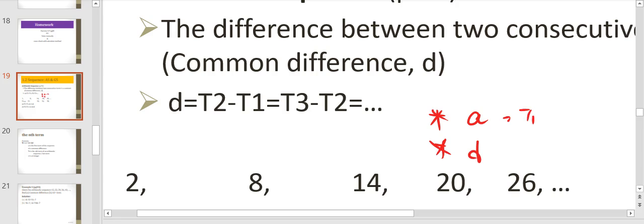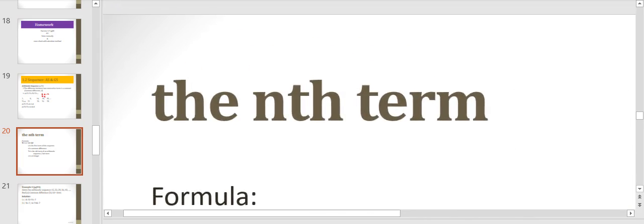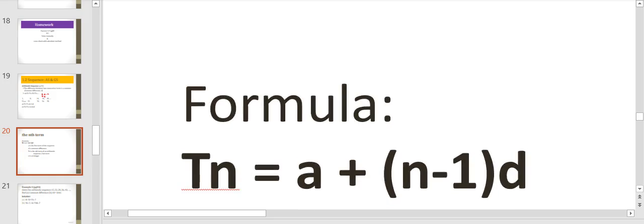So let's look into the formula. How do you find the nth term in your arithmetic sequence? This is the formula that you need to apply.